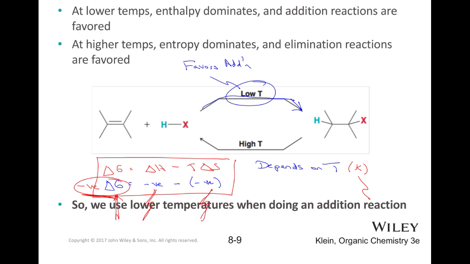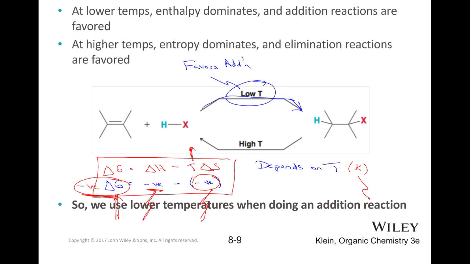If we raise the temperature, if we keep increasing that, then eventually this term can become very, very large, and we'll be adding something bigger than this negative term, which would render the delta G positive.